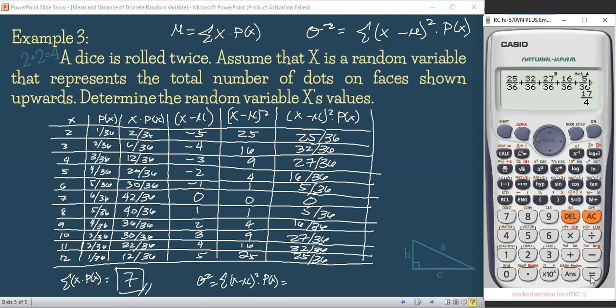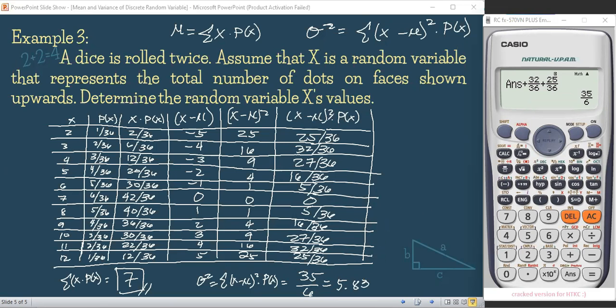So pansamantala, i-add po muna natin plus again 32 over 36 plus 25 over 36. So our variance po is 35 over 6, or in decimal, that is 5.83.